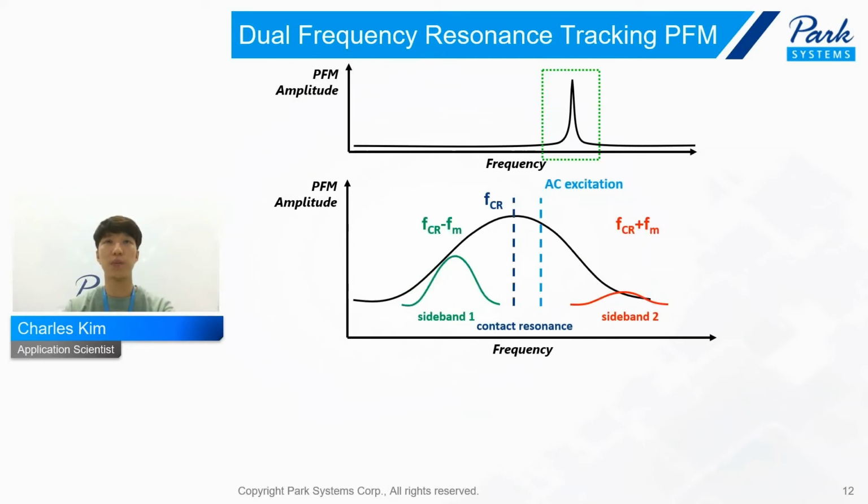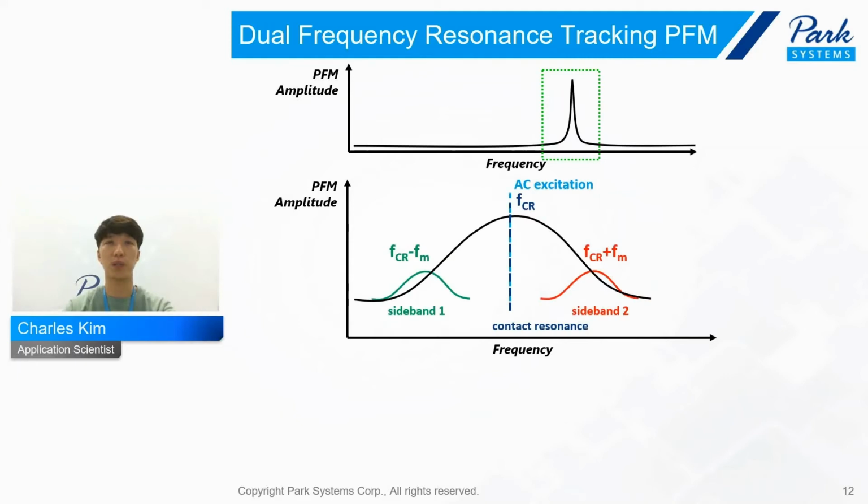So for example, if the contact resonance shifts to the left side, then the left sideband will increase and the right hand side sideband will decrease. In this case, the system immediately knows the breaking of the ratio between sideband 1 and 2, then immediately moves the AC frequency to get the same ratio between sideband 1 and sideband 2 like this.